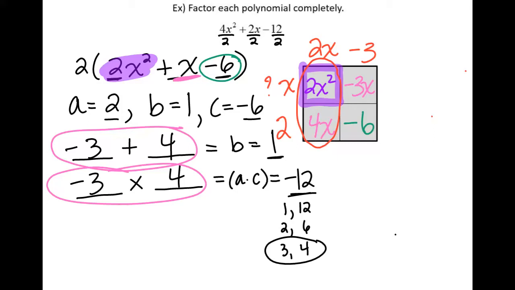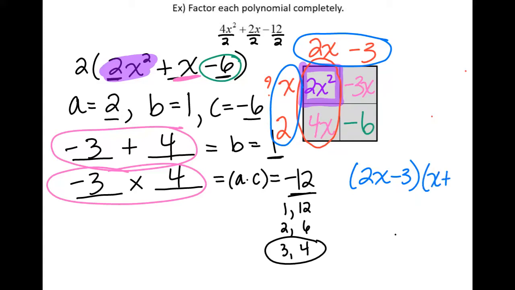So for my two binomials, I'm just going to take this term up here, 2x minus 3, and put it into a binomial. So 2x minus 3. And then the one on the side, x and a positive 2. So that's going to be an x plus 2. And that's my final answer there.